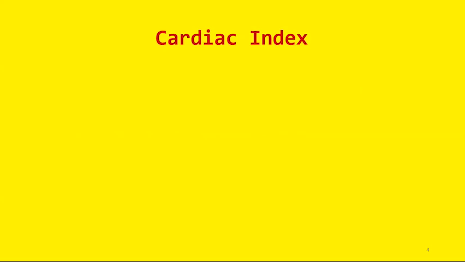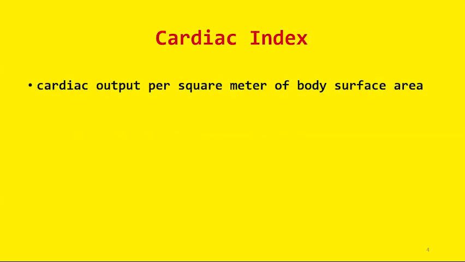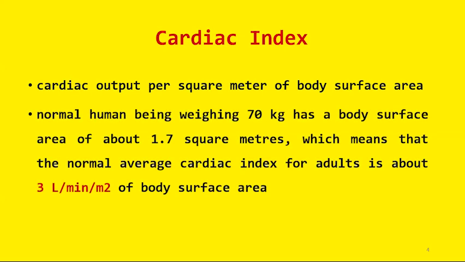The other term is cardiac index, very similar to cardiac output. If we measure cardiac output per meter square of the body surface area, we will call it cardiac index. For example, a healthy adult male of 70 kg weight having a body surface area of 1.7 meter square will have a cardiac index of approximately 3 liters per minute per meter square of body surface area.